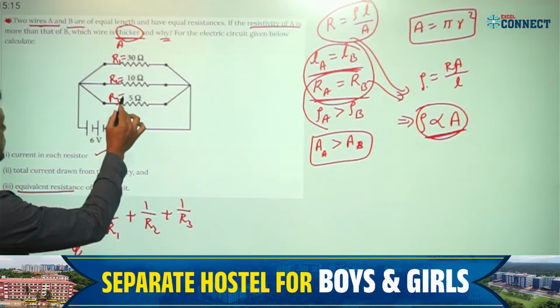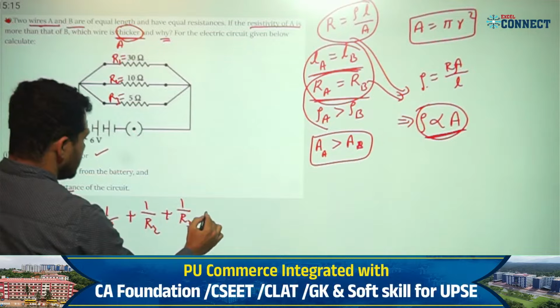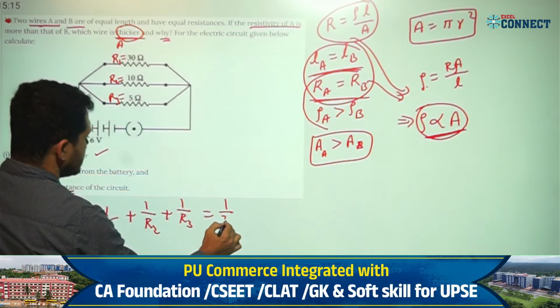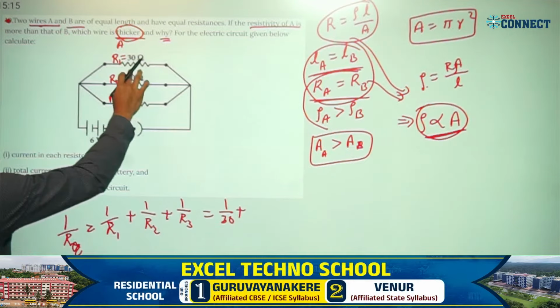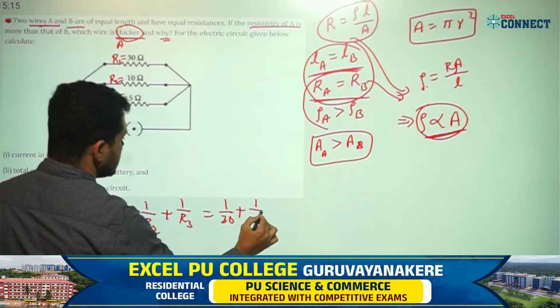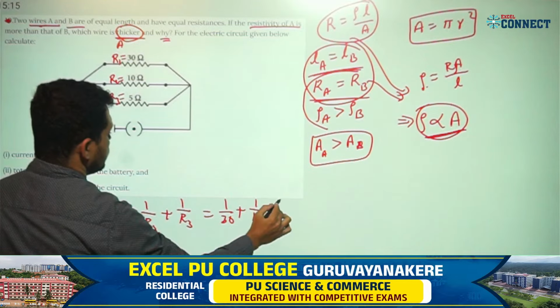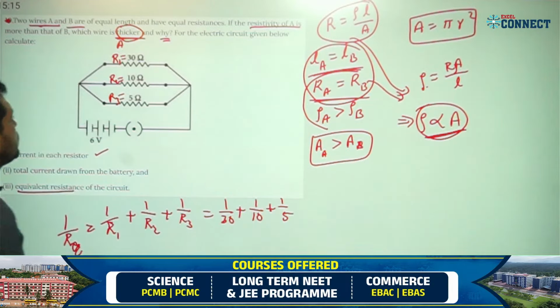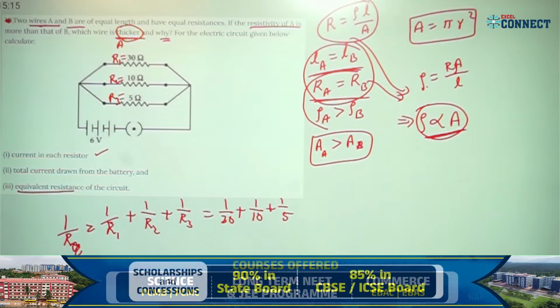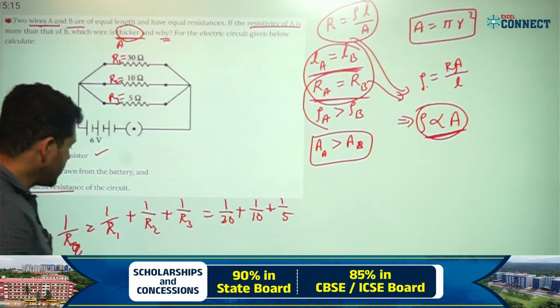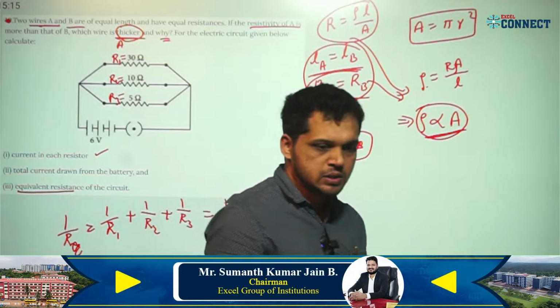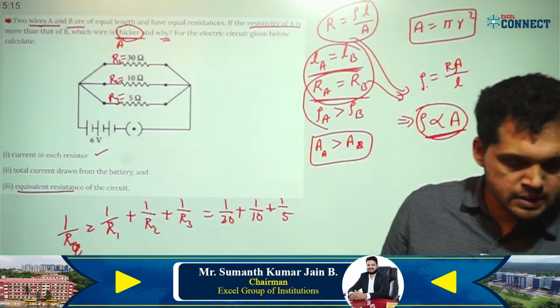If you substitute, the values are 1 by 30 plus 1 by 30 plus 1 by 10 plus 1 by 5. Simplify this, your equivalent resistance is 3 ohm.